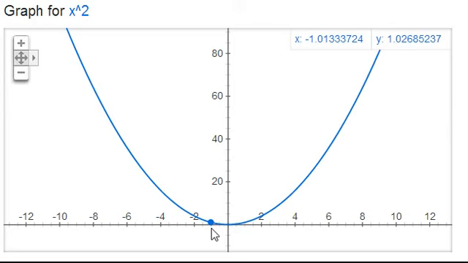And remember, at -1 it was 1, and then at 1 it was 1, and I think we just stopped at 2, it went to 4 here. But you can see the shape of what that equation looks like. Y is equal to x squared. Right, isn't that pretty? That's called a parabola. This particular curve here is known as a parabola. Alright.